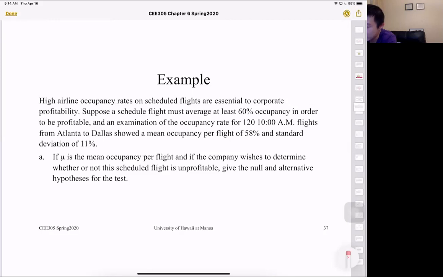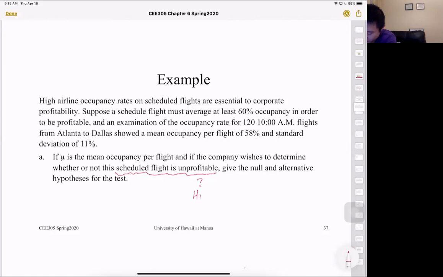If the mean value is the mean occupancy per flight, and if the company wishes to determine whether or not this scheduled flight is unprofitable, so this is the question asked. Whatever the question asks, we should use that as H1.